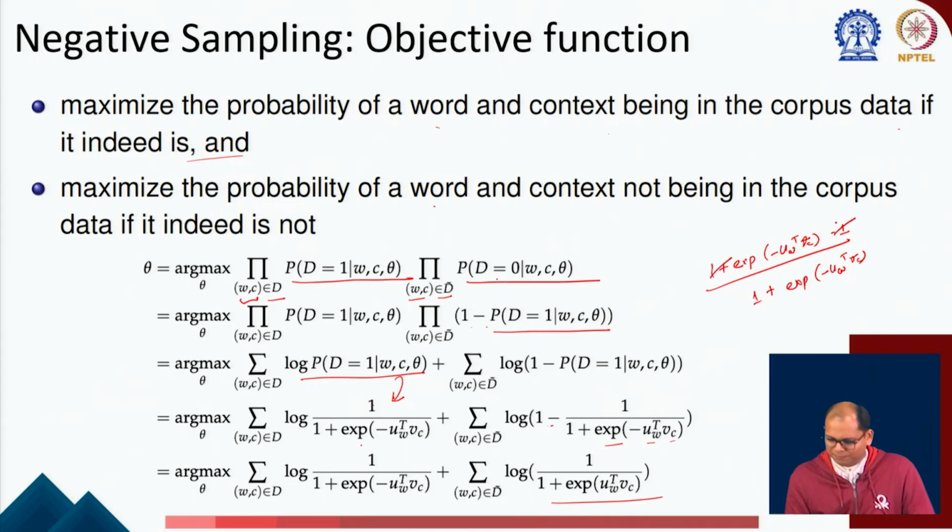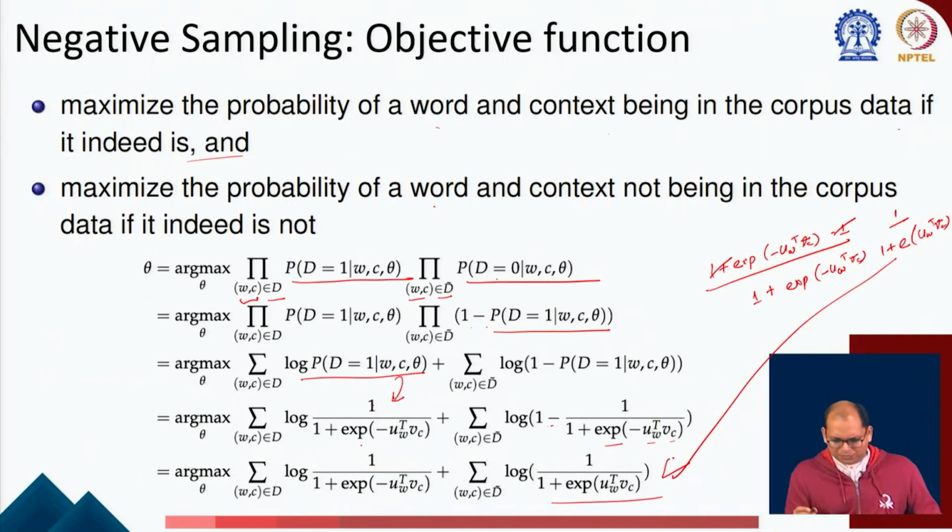This cancels out, and then I again divide by this quantity. So I will get 1 upon 1 plus exponent U_W transpose V_C. That is what I get here. So this is what I want to maximize.